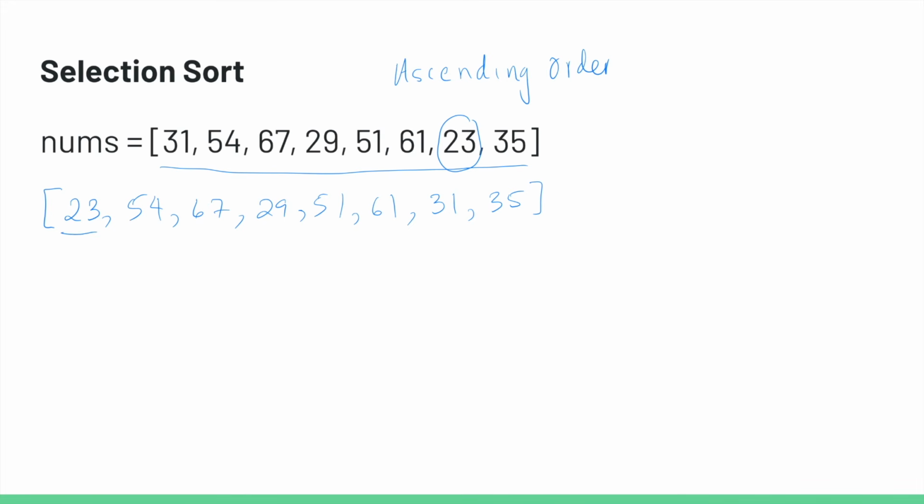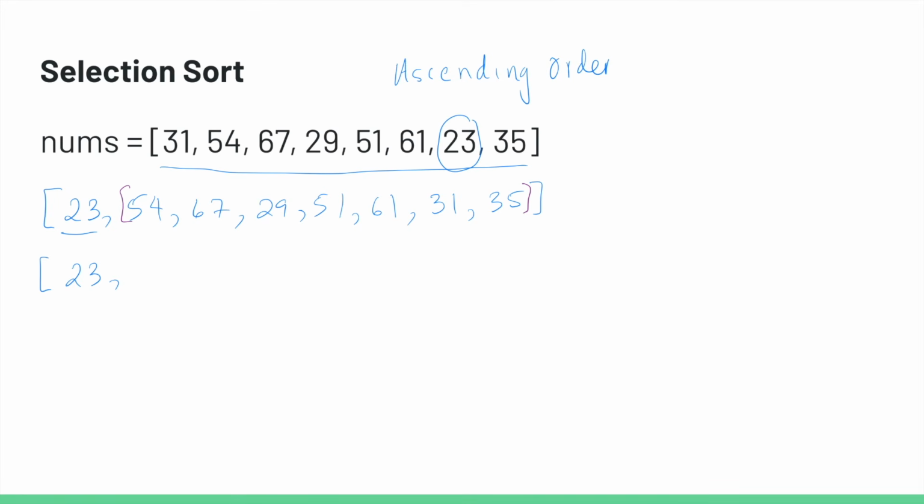Now I'm going to look for the minimum between index 1 and the end of the array. We have 23, and the minimum value from index 1 until the end of the array is going to be 29.